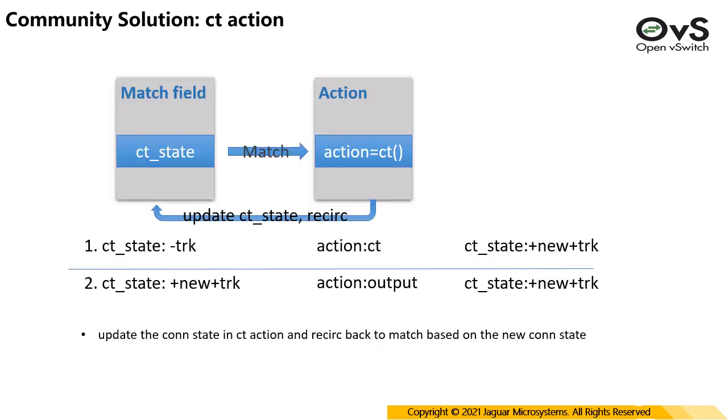For a newly received packet, the CT state will be initialized to untracked state, and thus it will match the first flow, and the packet will be sent to the connection tracking module during execution of the CT action. The CT action forks the pipeline processing in two. The original instance of the packet will continue processing the current action list as an untracked packet.